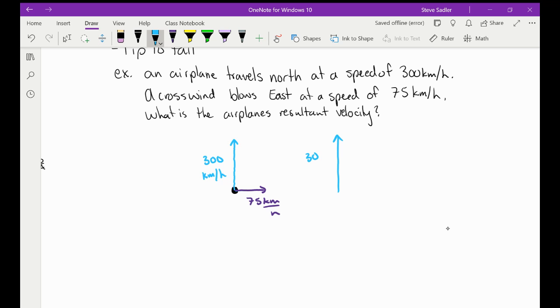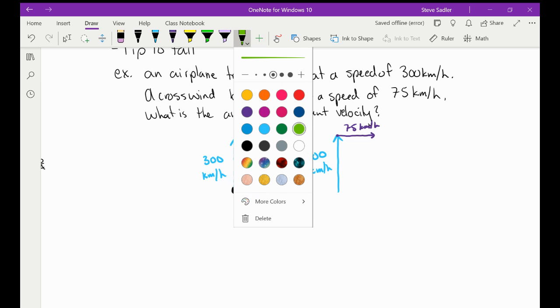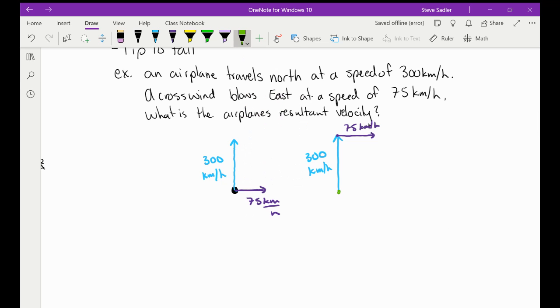So we have this one at 300 kilometers per hour. And then we're going to add the next one tip to tail. So from the tip of the first one, we will add our second one, 75 kilometers per hour. And then you can see that the resultant vector, let's switch to green here because it just looks nicer, is going to be from the start point to the finish point.